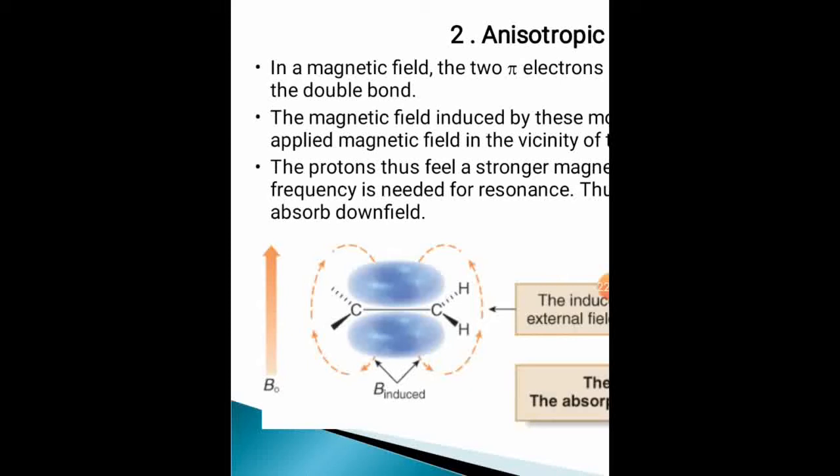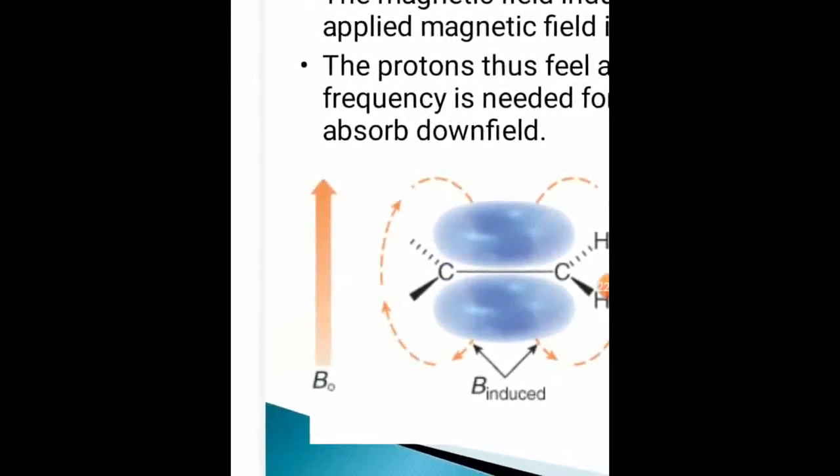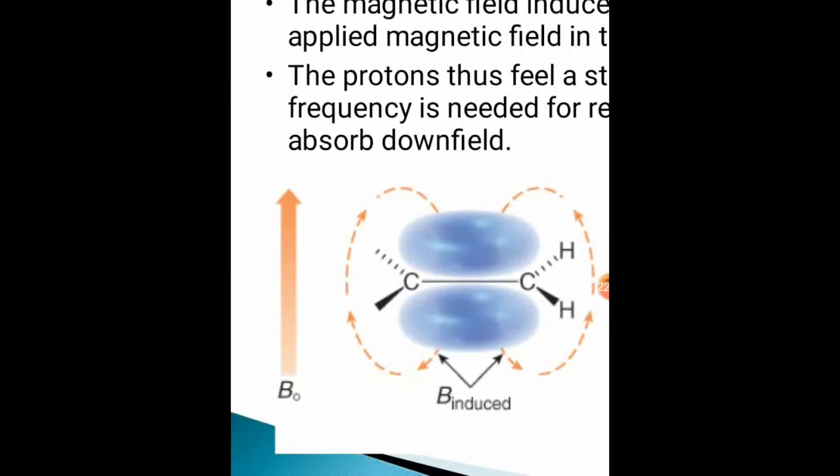Now, these dotted circles represent the induced magnetic field in ethylene. See the directions of the induced magnetic field rotating. And this B0 is the applied magnetic field.